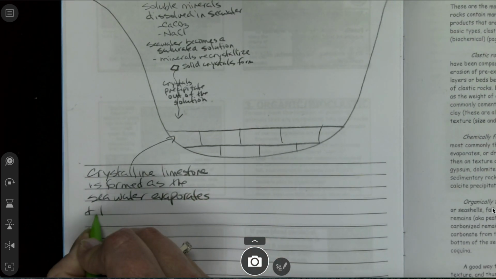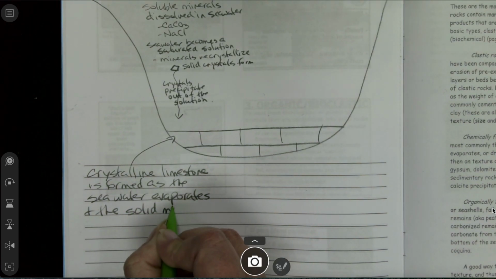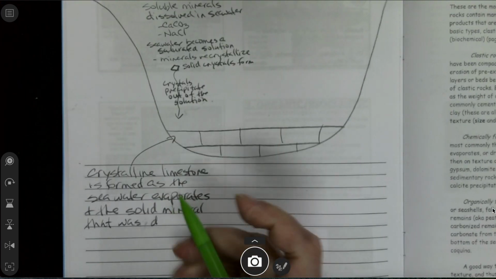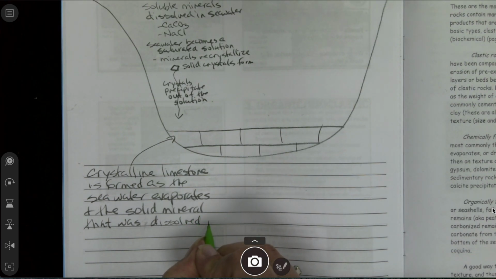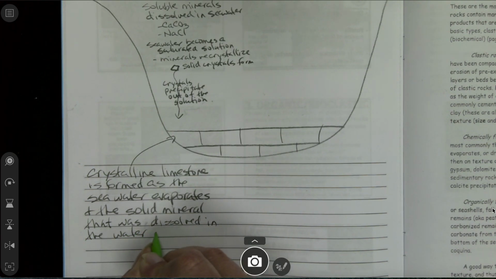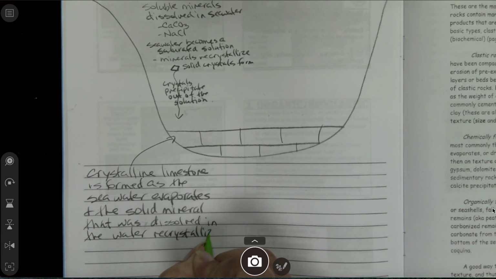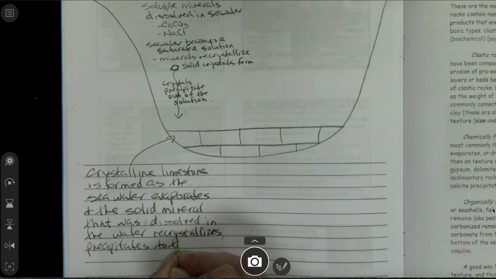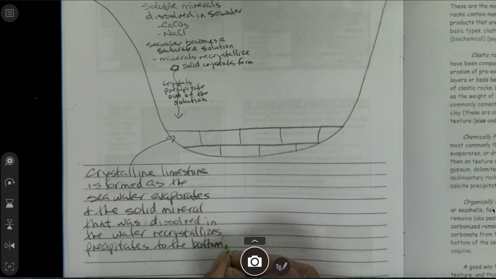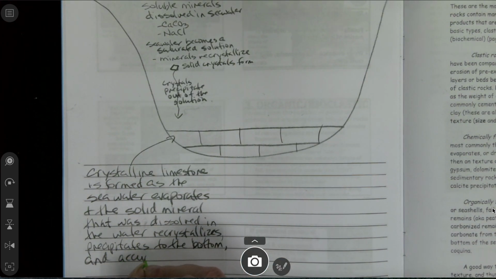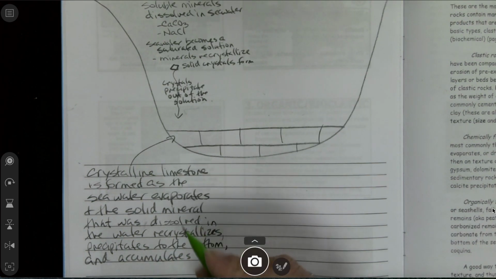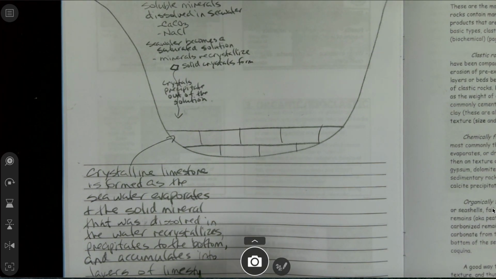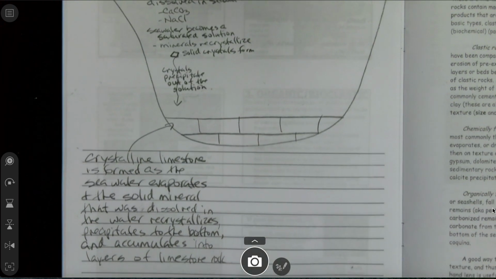And the solid mineral that was dissolved in the water recrystallizes, comma, precipitates to the bottom and accumulates into layers of limestone rock. Okay? So that is how crystalline limestone forms.